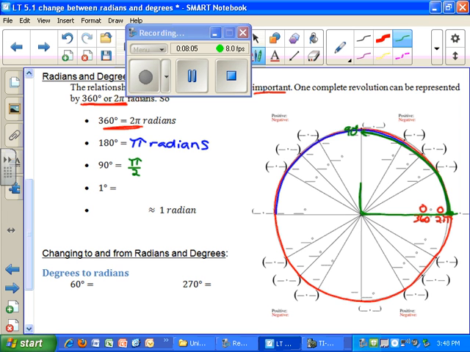It's exactly half of 180. So since 180 was pi, if we take 180 and divide it by 2, and we get 90, we can take pi and divide it by 2, and we're left with pi over 2. So I guess we can also fill in this 180 degrees is pi radians. And we'll talk about exactly the coordinates later. We won't worry about that for now.